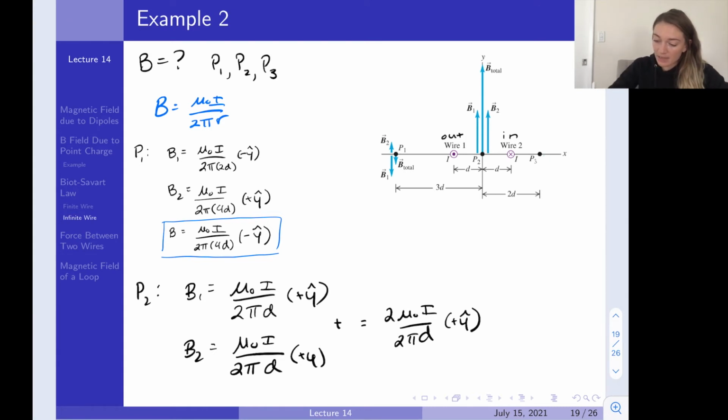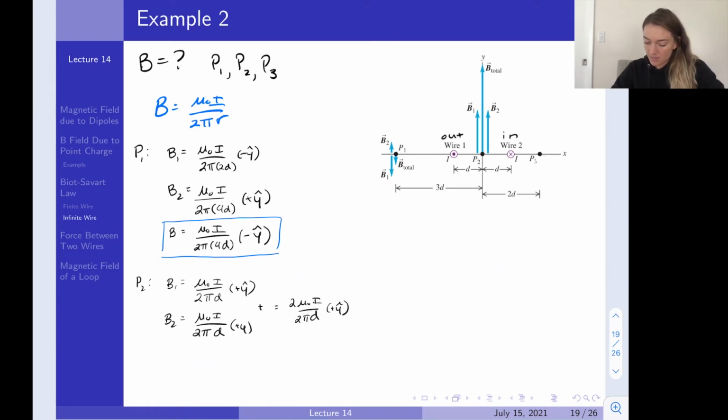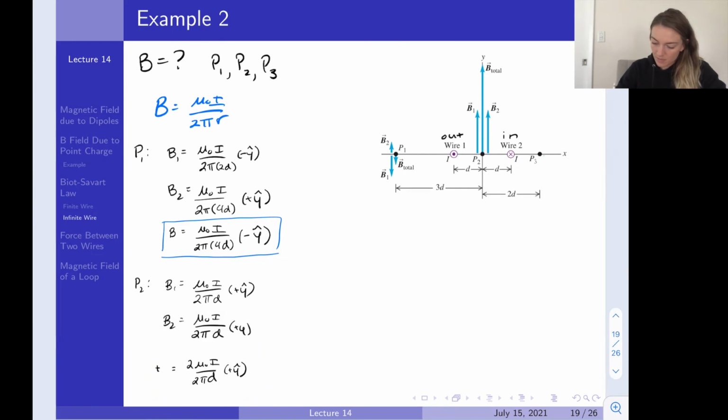Now let's find our magnetic field from point 3. So at point P3, the magnetic field from the first wire is mu naught I over 2 pi.